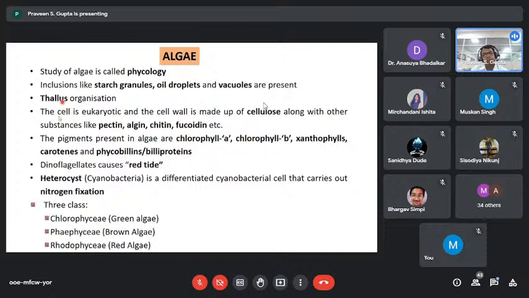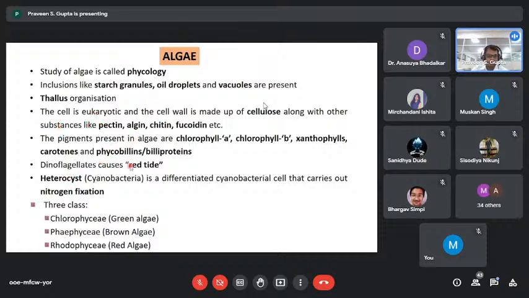Besides that, some other substances are also deposited, like pectin, algin, chitin, fucoidin, etc. The pigments they are able to produce are chlorophyll A, chlorophyll B, xanthophyll, carotene, phycobilin, and phycobiloproteins. So these are the different types of pigments produced by them.